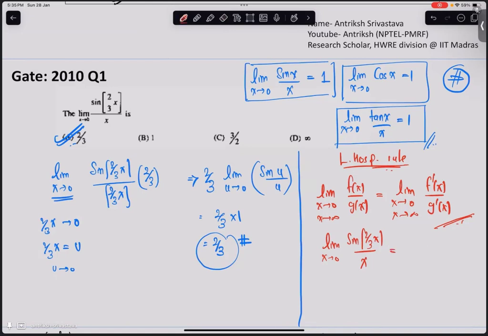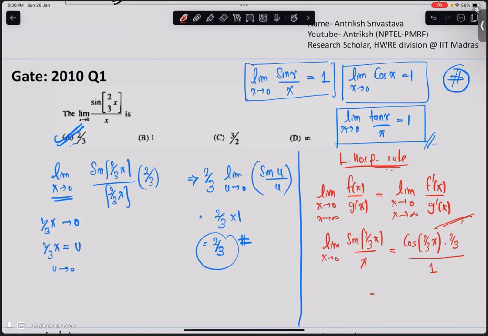What is the differentiation of sine x? It is cos x, but we have a constant also. So it is going to be cos of 2/3 x, and by the chain rule, now we have to differentiate 2/3 x. It will be 2/3, right? And what is the differentiation of x? It is 1. Remember that we are differentiating with respect to x only.